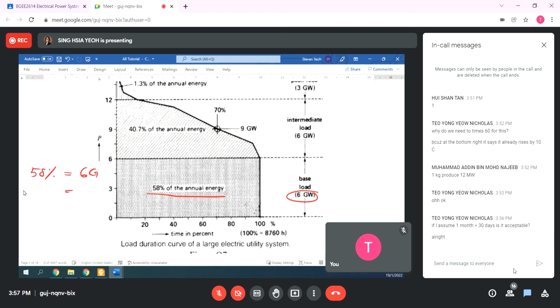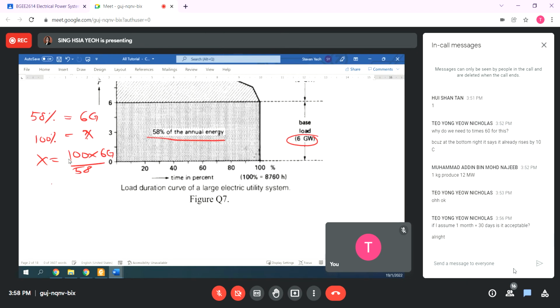Now I want the 100% of the annual energy equals to how many? Maybe I call this x. So x will be equals to 100 times 6 gigawatt divided by 58. So we will get 90.6 terawatt hour. Can you understand this?